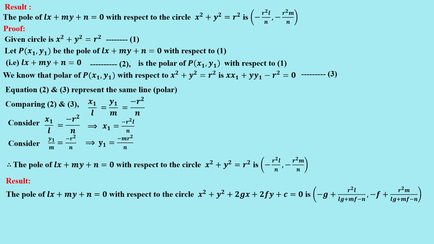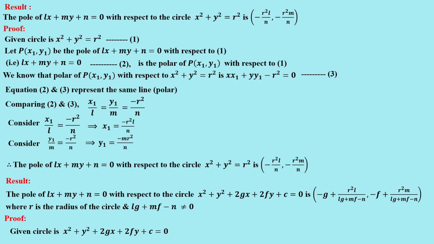The pole is minus g plus r square L by (Lg plus mf minus n) comma minus f plus r square m by (Lg plus mf minus n). r is the radius of the circle, and Lg plus mf minus n is not equal to 0. If it is 0 then it will not exist because it is in the denominator, that is why, right? So we will see the proof.